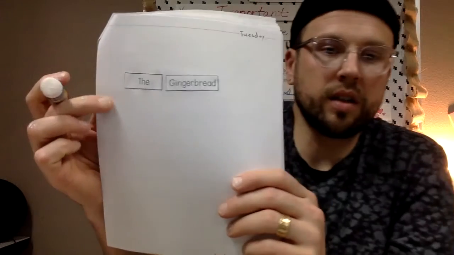So starting with the capital T. There are 2 thes. Make sure you start with the one that has a capital T, not this one that has the lowercase t. And then the next word you want is gingerbread. That's going to go next to the. So start your letters over here on the side.